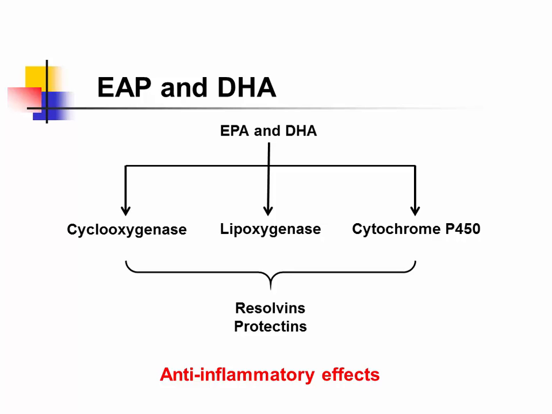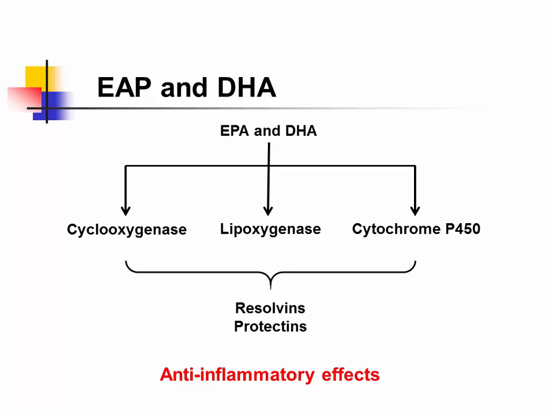EPA and DHA are also important substrates for the synthesis of resolvins and protectins. Resolvins and protectins are also lipid mediators, the lipid metabolites from DHA and EPA. These lipid mediators or metabolites are very important and play a role as anti-inflammatory agents.